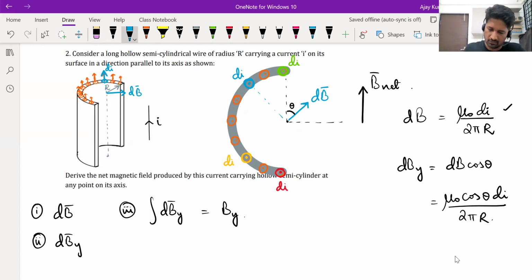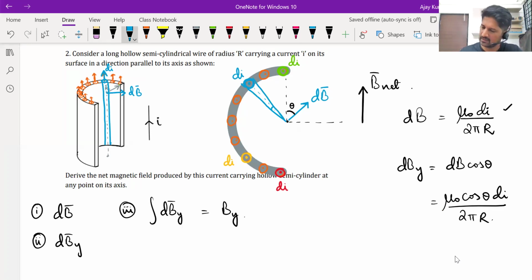For that we'll need to do some visualization. See, di is flowing along this path. You see the diagram on the left side. It's flowing along the wall of that hollow cylinder within that width. If you visualize it in the second diagram, di is flowing within this angle.